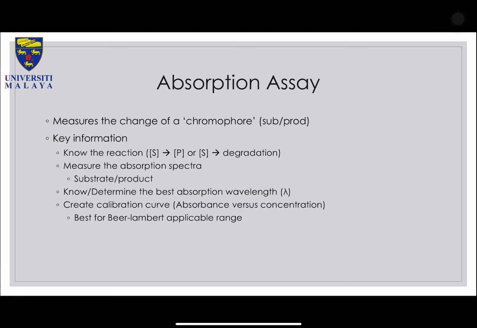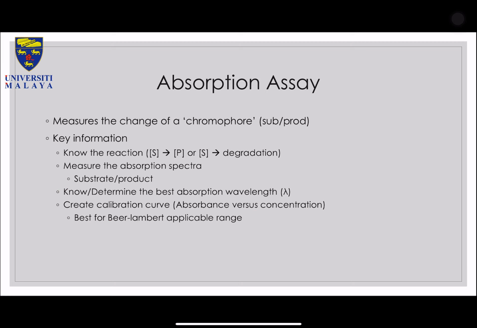So the absorption assay, what does it do? It measures changes in the chromophore concentration. It's not really a direct measure of the concentration; you are measuring a certain amount of compound.